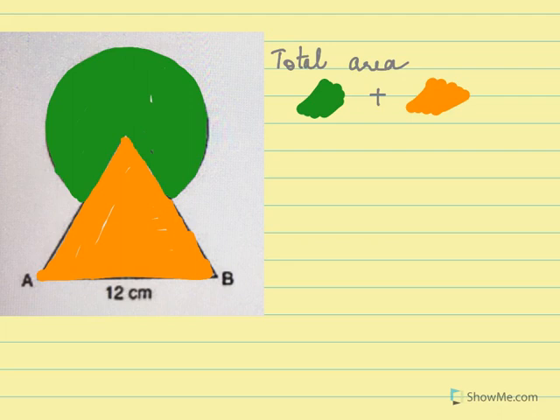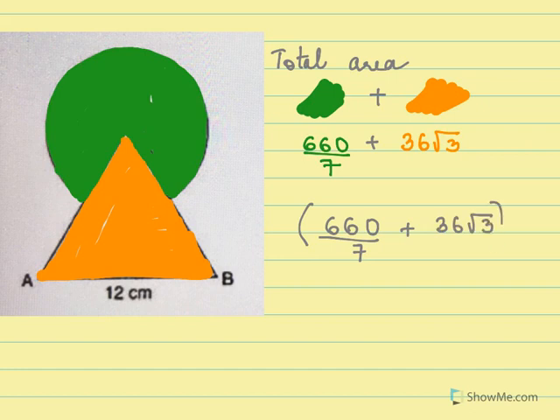The green area we see is 660 over 7, plus of the triangle is 36 root 3. So the entire area is 660 over 7 plus 36 root 3 centimeter square.